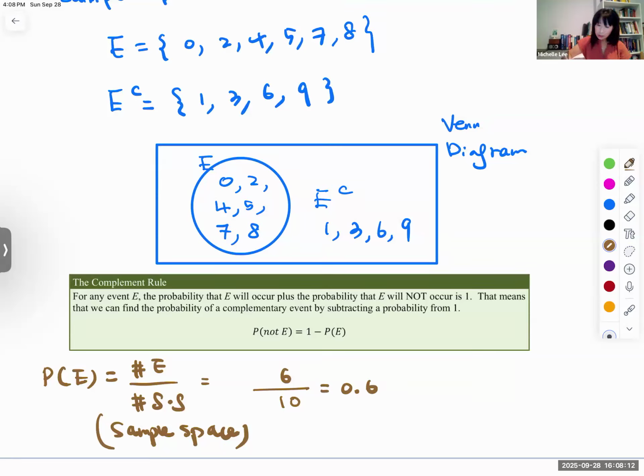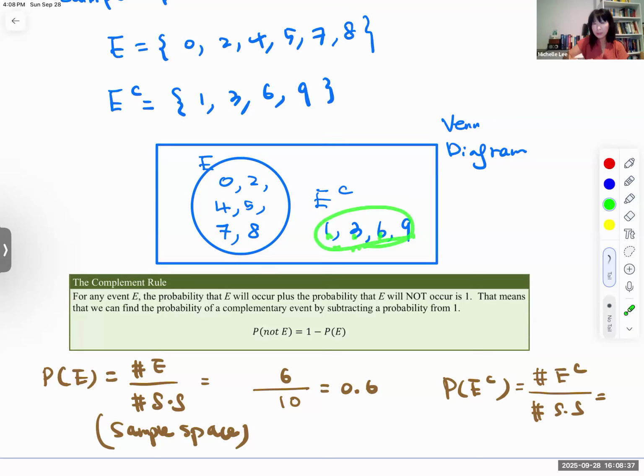Then what is the probability of the complement of event E? It is the number of the complement of event E over the number of sample space. Let's count 1, 2, 3, 4, over 10, which is 0.4, right?